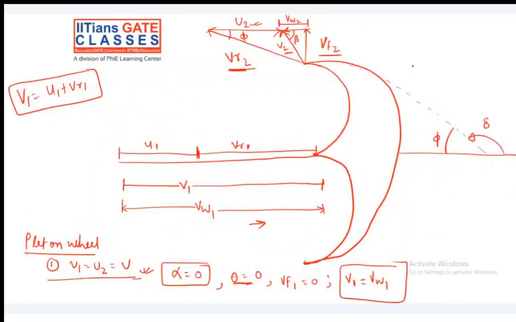We can see that VR2 cos phi is equal to U2 plus VW2.